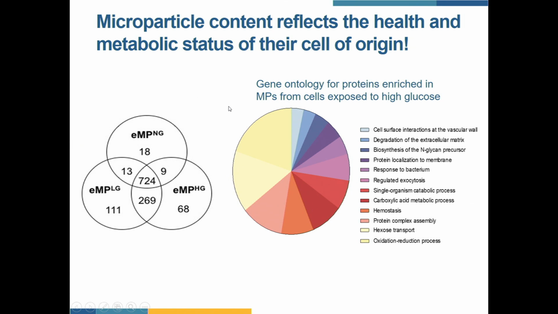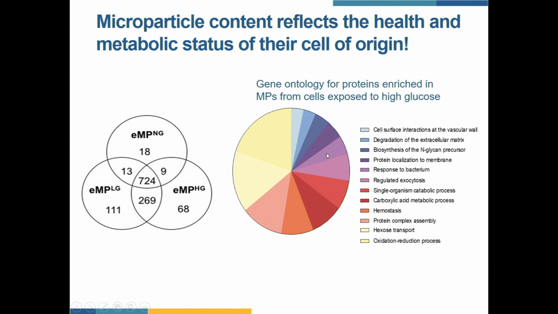So these are endothelial microparticles formed in culture under normal glucose conditions, which is NG, high glucose conditions, which is HG here, and then an osmotic control of high L-glucose here. And what we found was that there were significant differences in the protein composition of these microparticles.